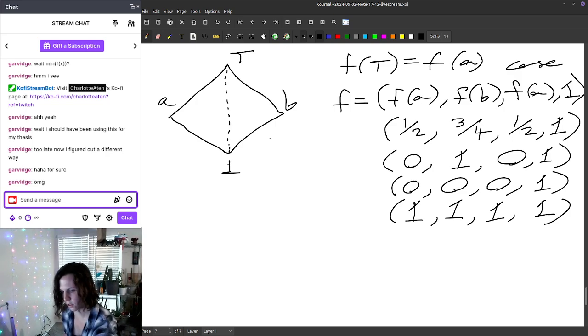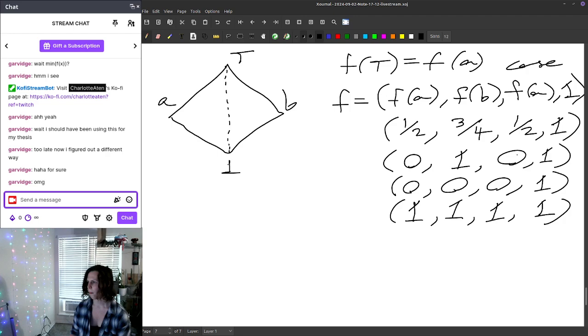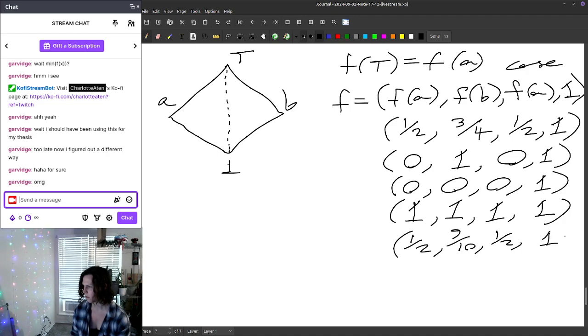Okay, I chose this arbitrary example in a misleading way, but these first 3 coordinates don't have to add up to 1. I could have this be 1/2, and then this be like 9/10, and then this be a half, and this be 1, and that will still work.